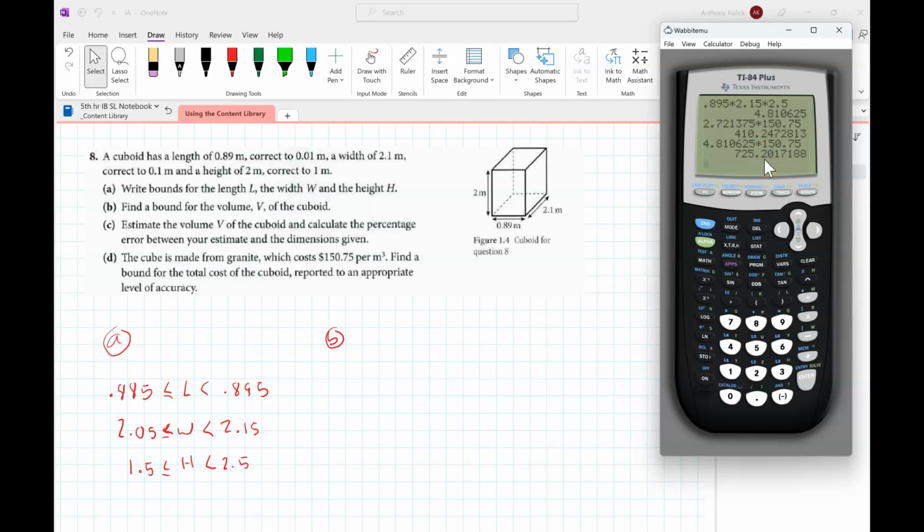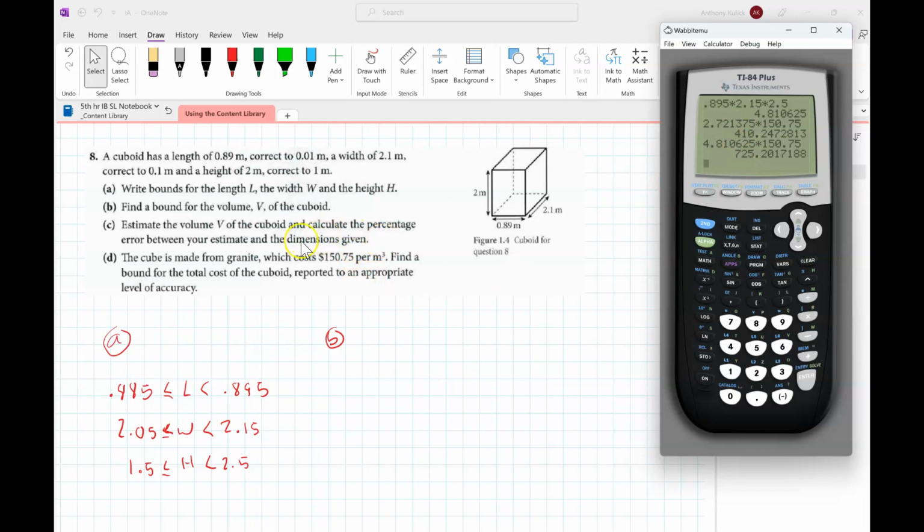Does that feel pretty good? You don't include meters in this. So the unit on this is just going to be dollars, right?